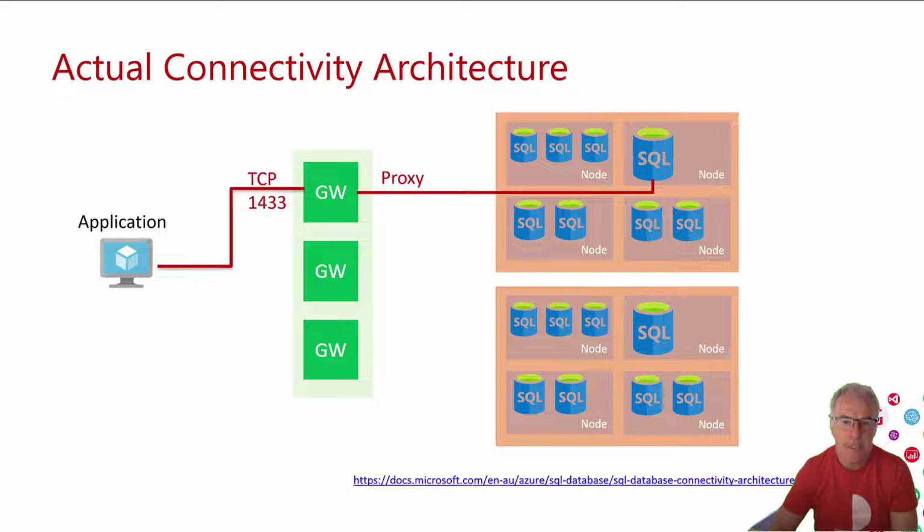So which one is actually active at any point in time? That's what the gateway keeps track of. It understands which server your database is currently running on, and when your connection request comes in on port 1433, it translates that, determines which server it's actually going to connect to, and passes your connection through to there. But that proxying remains in place.